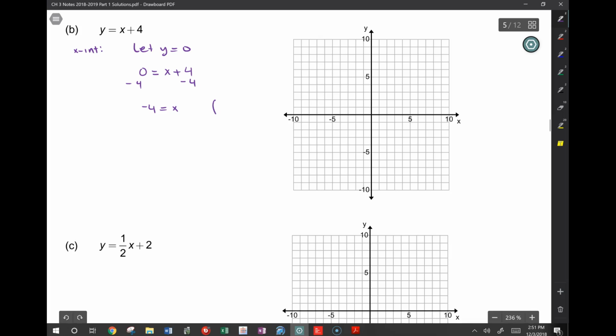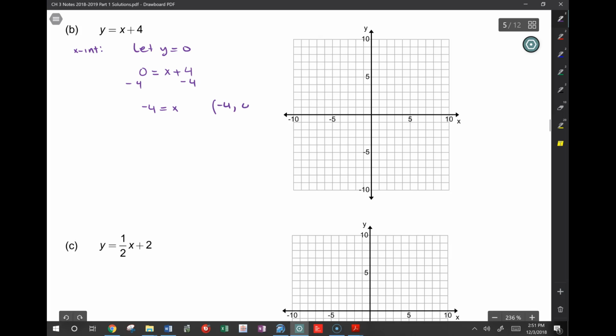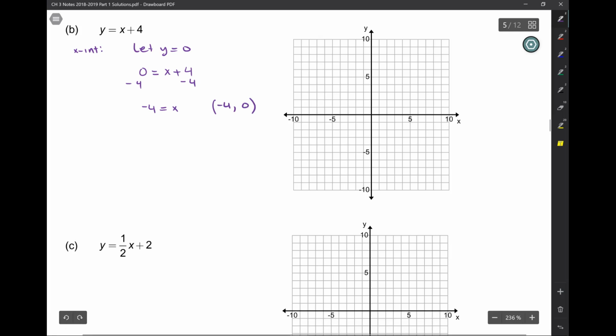That means the x-intercept is -4, comma 0. Because if this is the x-intercept, then there has to be a number in the x spot and 0 in the y spot. Okay?